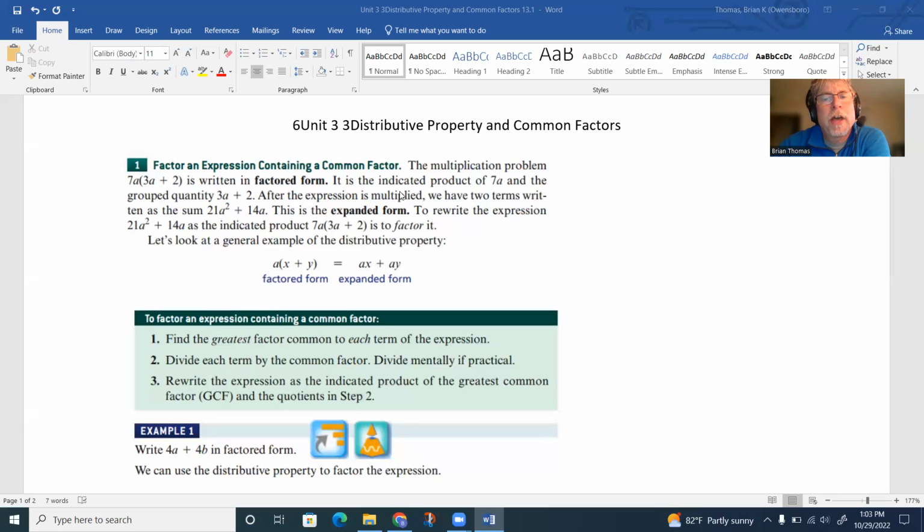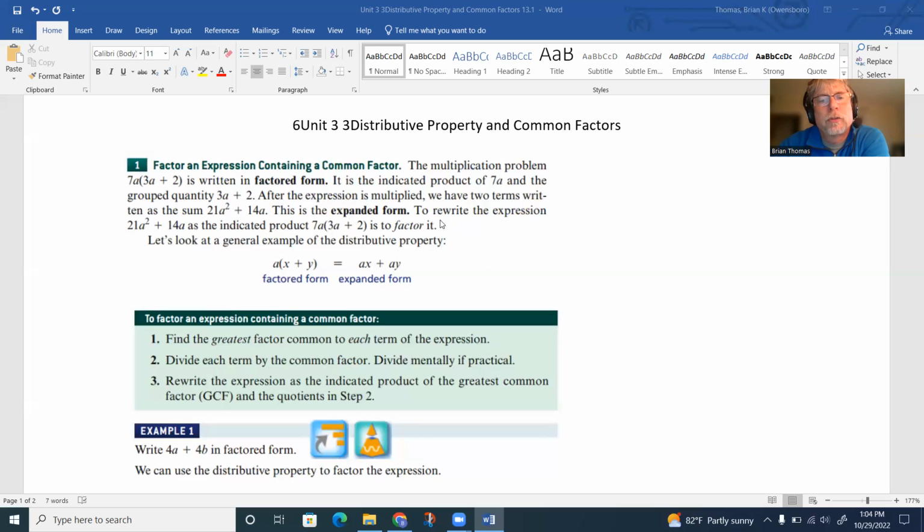Now, if we multiply that out, we could write it as the sum 21a squared plus 14a. If we use the distributive property and multiply through the parentheses, 7a times 3a is 21a squared, and 7a times 2 is 14a. This is what's called expanded form.